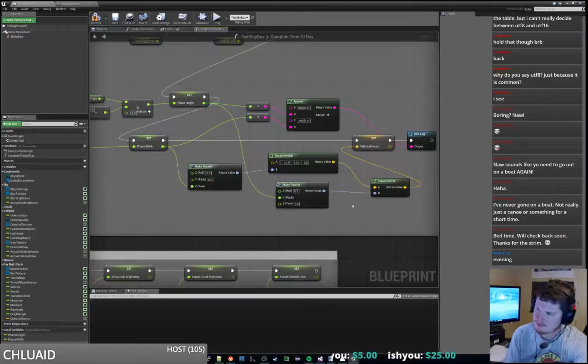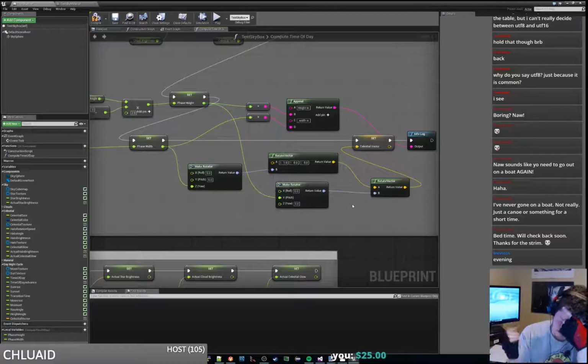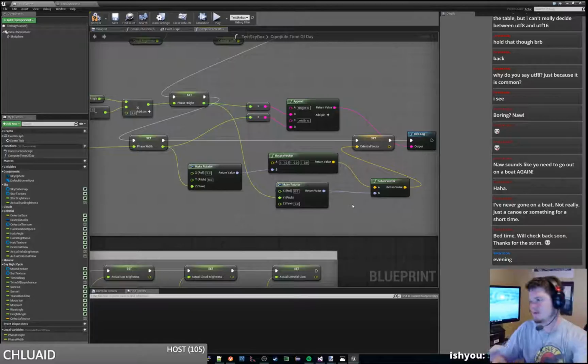So instead of doing our math like we are, we basically just have an arc width, and then our angle is just interpolating between 0 and 180. And multiplying by our distance.